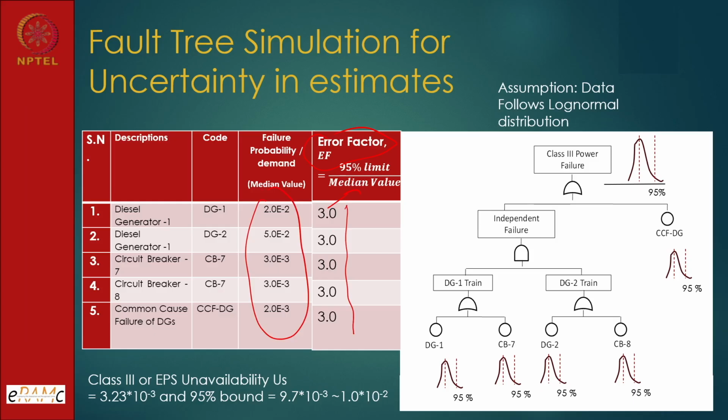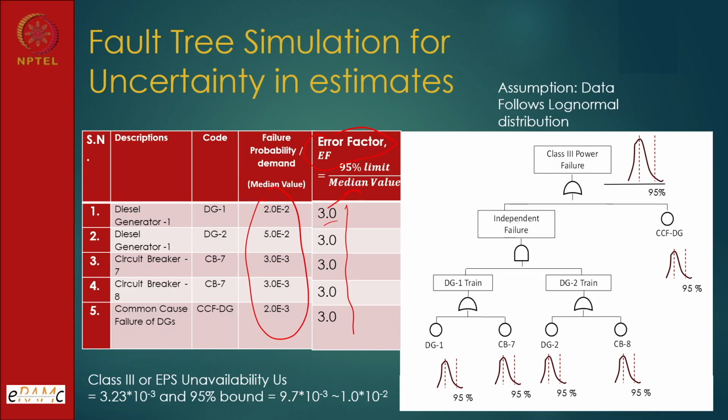For human reliability, it is an error factor of 5. For common cause failure it will be 5 too, because data is not available on common cause failure. Sometimes for certain components with no failures, it will be more than 5 also. But wherever we have confidence, generally a value of 3, but we can estimate ourselves.